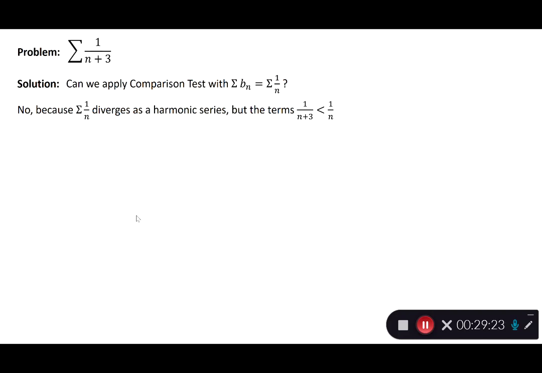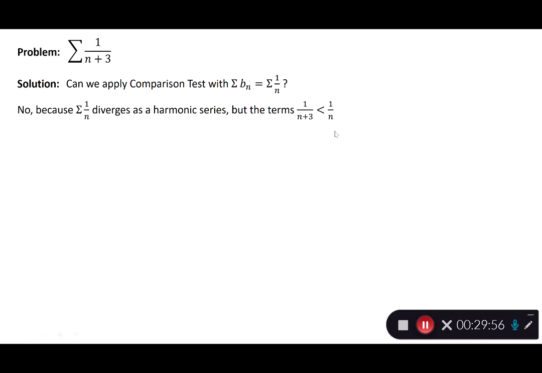I'm trying to convey a very, very important point here. If what you're comparing with, that is the sigma b sub n, happens to be a diverging series, which it is in this case, the terms of your series better be bigger than the terms of the diverging series. If that is not the case, as here you can see that that is not the case. 1 over n plus 3, these terms are less than 1 over n.